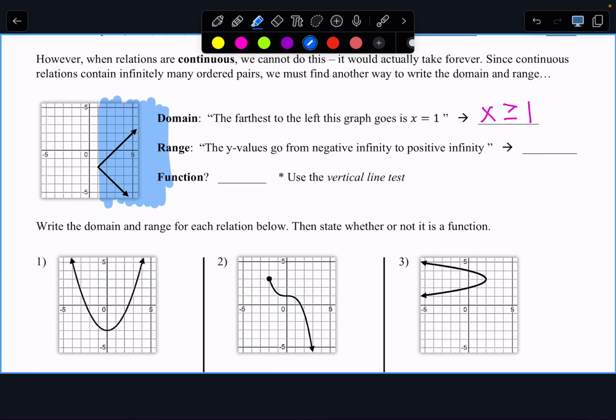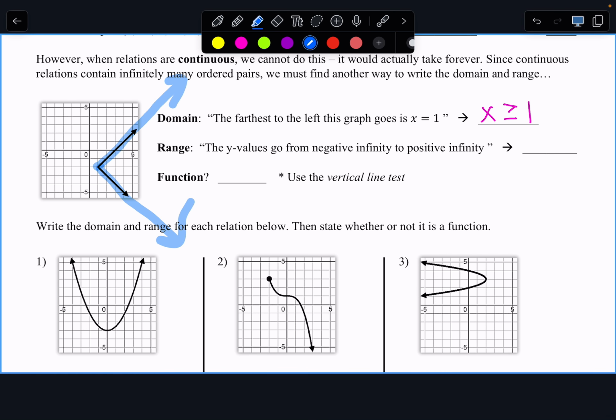We have graph at x is, I keep saying -1. It's just 1. I'm sorry about that. Okay. At x is 1 and to the right. Okay? Now, what about our range? If we look at our range, this guy keeps going on forever, and this guy keeps going on forever.